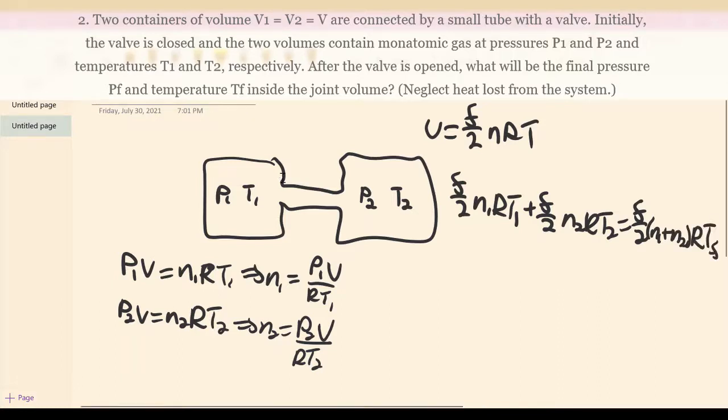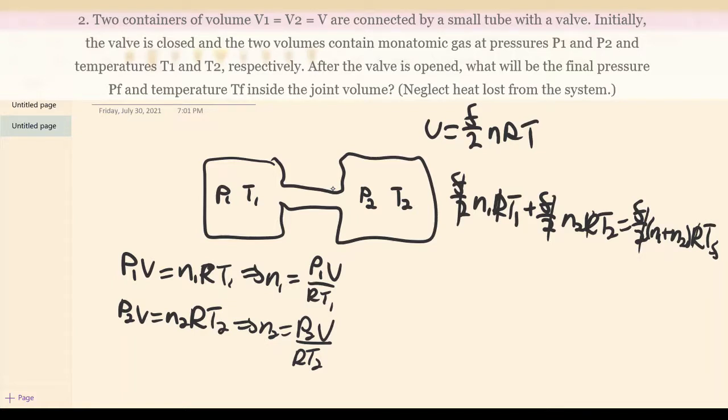It should be fairly obvious why we have N1 plus N2 in the final on the right-hand side. It's because you just add the amount of gas together in the final container. So now we can just cancel out a bunch of stuff. These all get canceled.